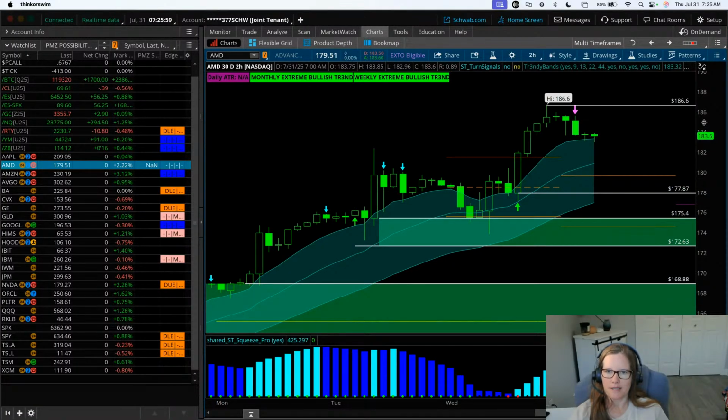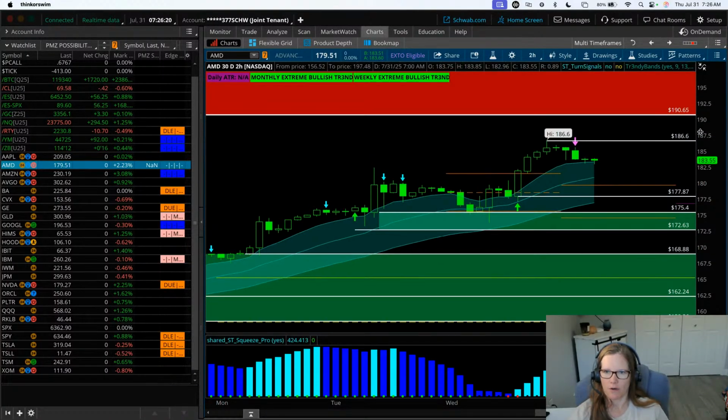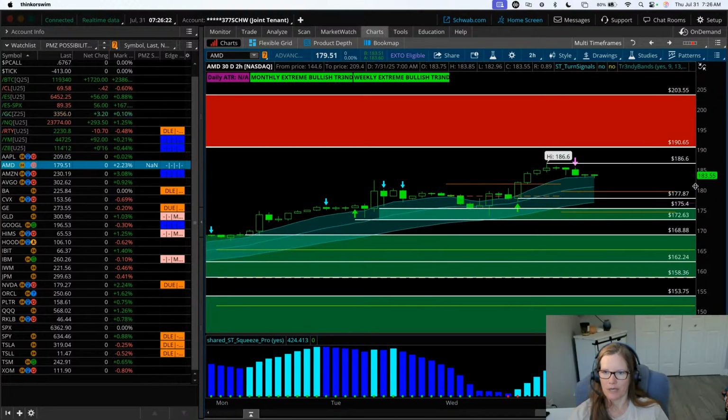As far as an upside target on AMD, I know this says all-time high, but that's because AMD's sell zone was created a couple of years ago, and this only goes back a year. So the first initial resistance on AMD is 186.60. And then above there, you have a target zone of 190 to 203.